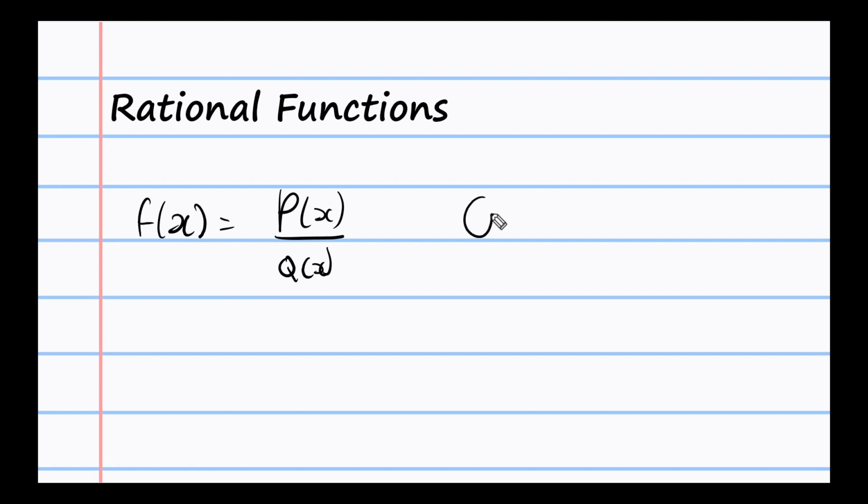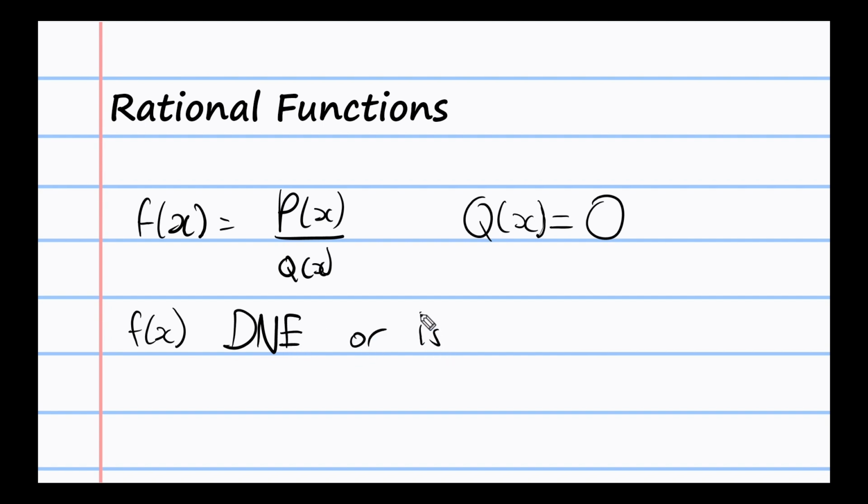Well, if q of x is a polynomial, there's a good chance that q of x equals 0 at some value of x. At that value of x, f of x doesn't exist or is undefined, because you just simply cannot divide by 0.